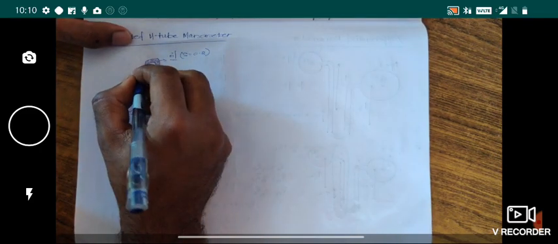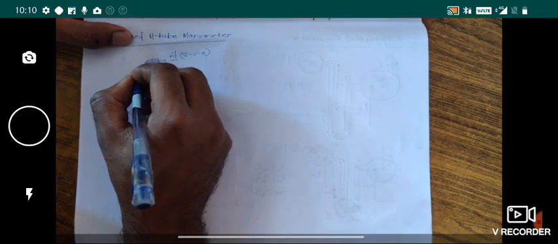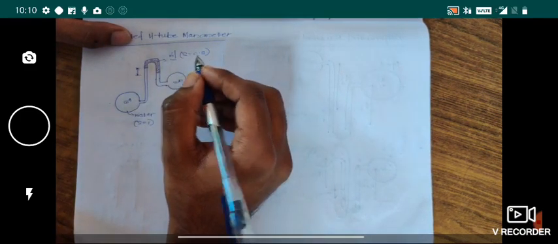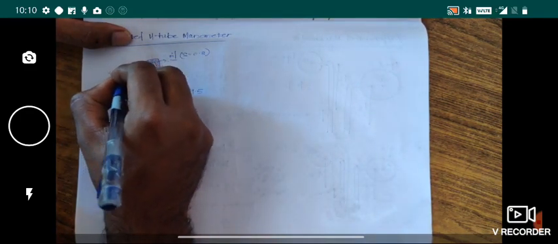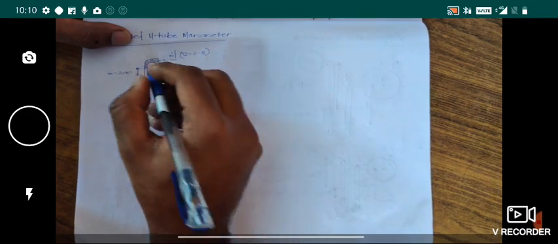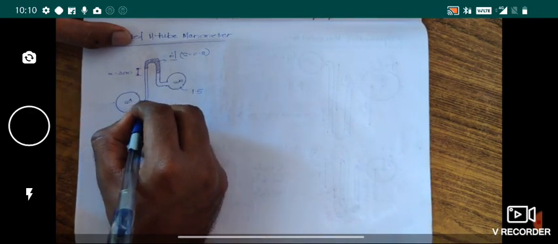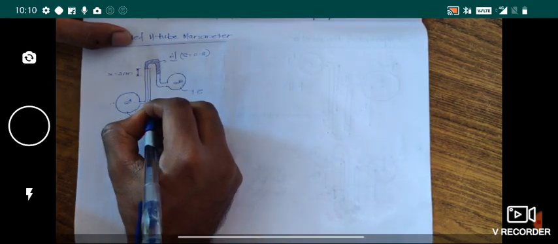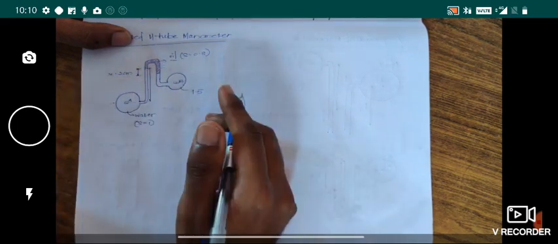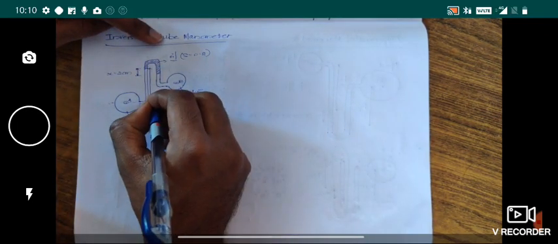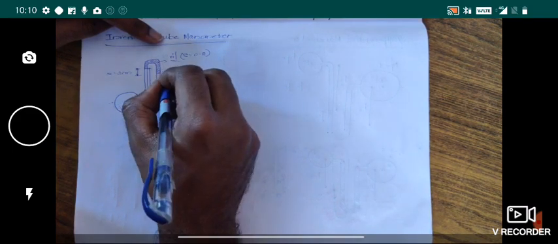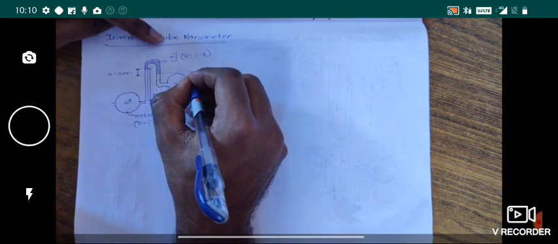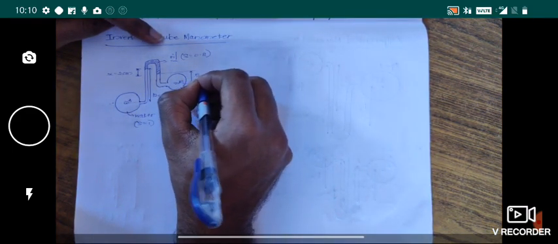So let this level difference be, for the time being, 2 centimeters. And the level difference between the center of the pipe and the mercury level, let it be 12 centimeters, and this level difference, let it be 5 centimeters.